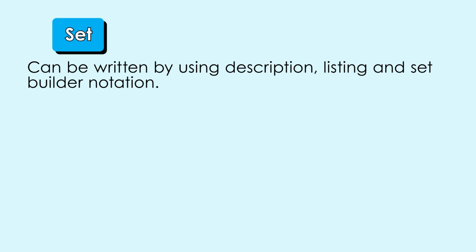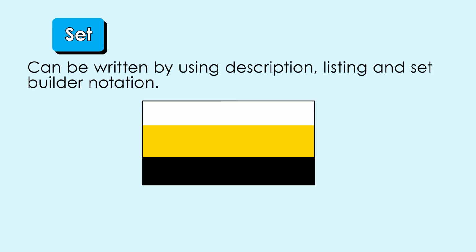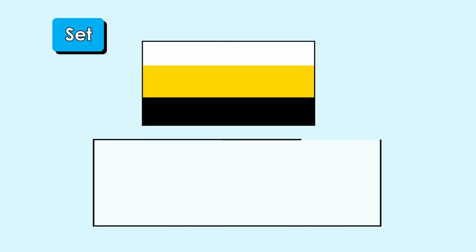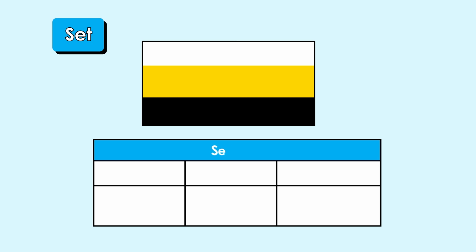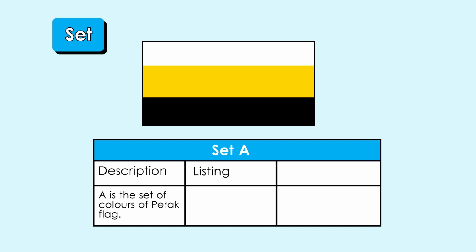For example, we can write the colors of Perak flag in set as follows. The set is represented by A. So, by using description, we can write A as the set of colors of Perak flag. On the other hand, using listing, set A can be represented by using a set notation, which is called a curly bracket as follows.